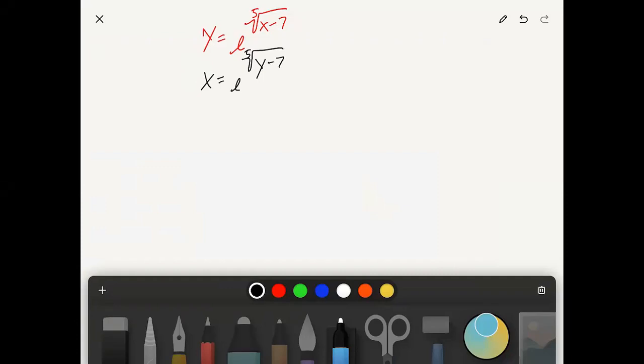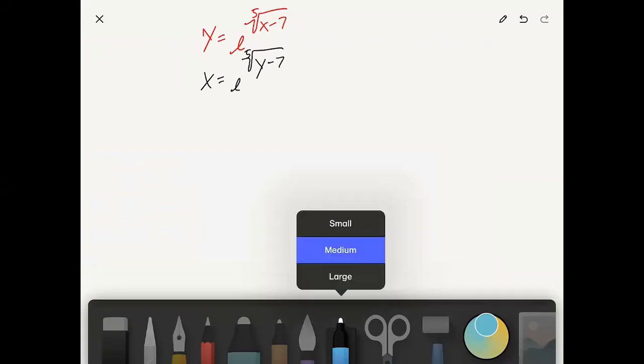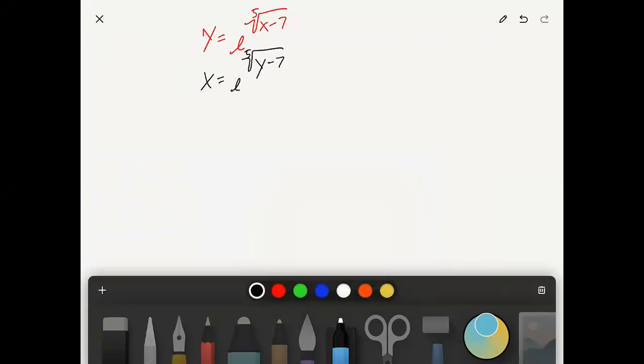Now we're going to use PEMDAS. Actually, in this case, it is PELMDAS because we've got the logarithm in there. All right, so the first thing we're going to do is subtract 7 because that's inside the 5th root. The next thing that we're going to do is take the 5th root.